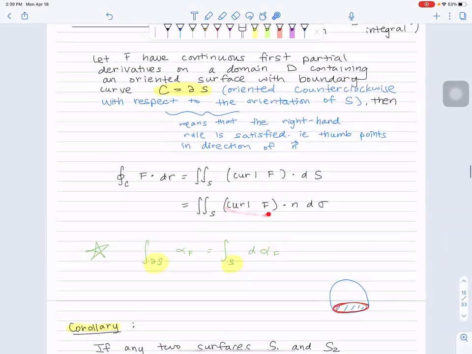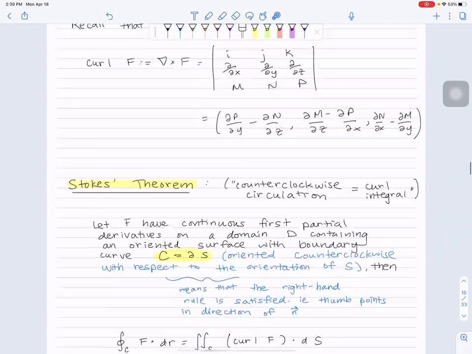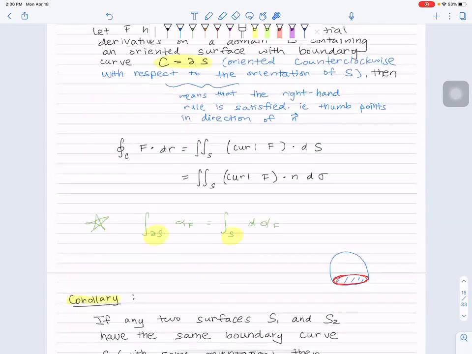I believe this is going to have to be the curl, this part is going to be curl gradient dA, but flux of the curl.